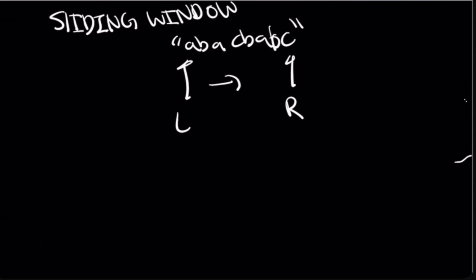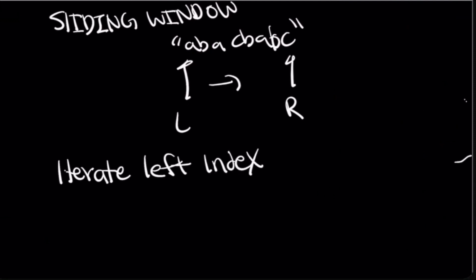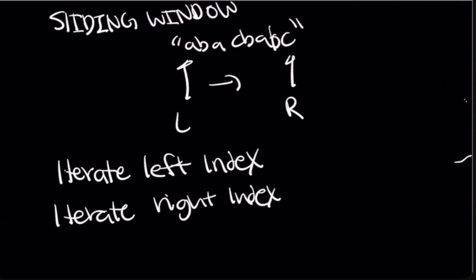In order to create a sliding window, we have to consider two things: how are we going to iterate the left index and how are we going to iterate the right index. I think we can all agree that iterating the right index is just checking if there are forbidden words in the substring that was created, and if there isn't one, we iterate to the next index.